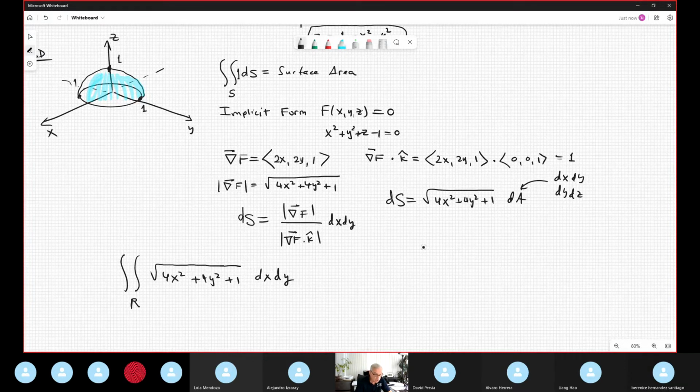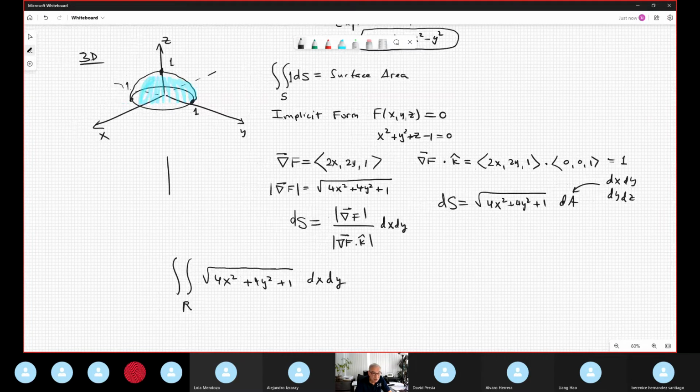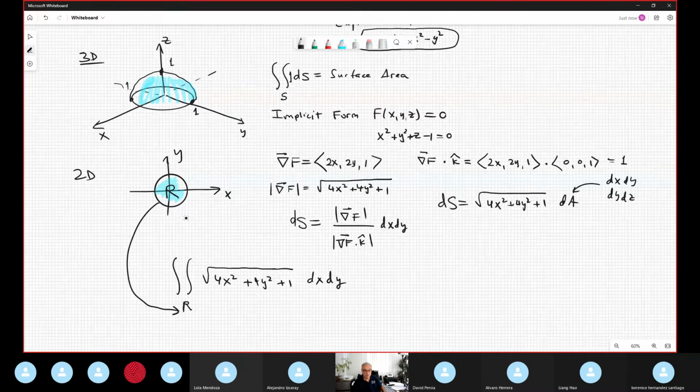Region R is the projection. This is the problem in 3D. Now we see the problem in 2D. It is obviously a circle with radius 1. This is my region R.